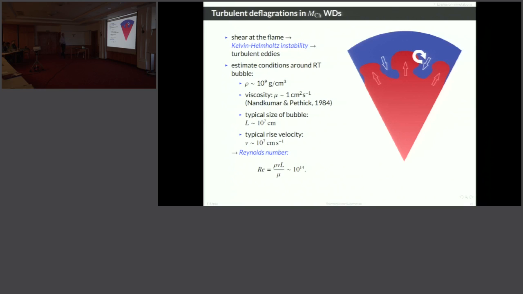For this bubble, you can calculate by an analytical estimate the rise velocity, and you will find that this is typically on the order of 10^7 centimeters per second. And with that, you can calculate the Reynolds number, given as the density times the velocity times length scale over viscosity, and that gives you a number of 10^14. So you have huge Reynolds numbers, and this means that turbulence is unavoidable. So strong turbulence is naturally expected in these models.